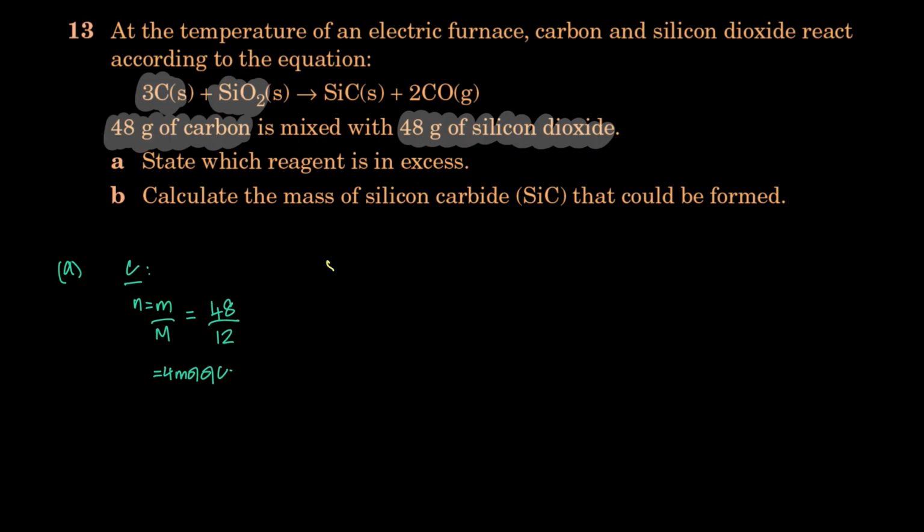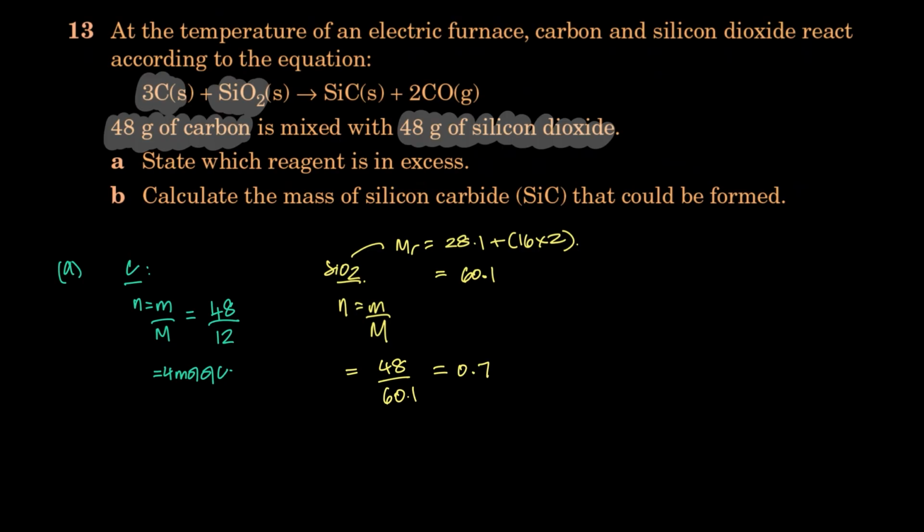Then you've got SiO2. Now for SiO2 you're given 48, right? And number of moles is mass over molar mass. Now SiO2's MR is 28.1 plus 16 times 2, that's about 60.1. So the number of moles is 48 over 60.1, and that gets you 0.7987 moles, approximately 0.8 moles, and the ratio is 1 to 3 to 1.